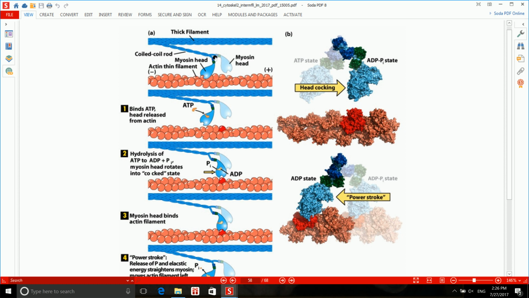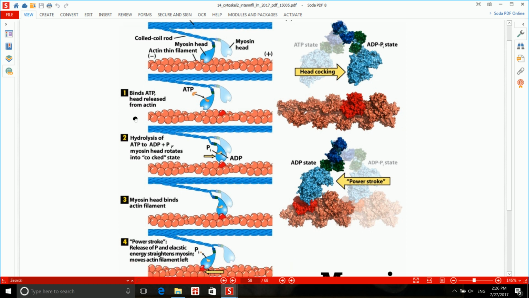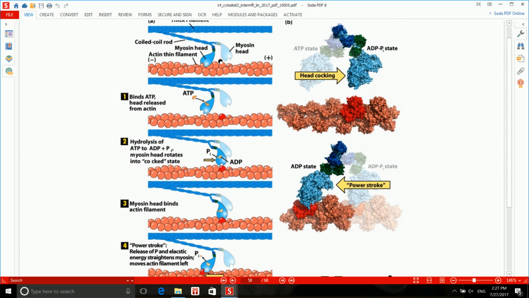Now, in our muscle cells, we're gonna have the thick and thin filaments which are responsible for the contraction of our muscle cells. The way our muscle cells contract is that these myosin motor proteins or filaments have a head, and their head will attach to the actin filaments and will simply grab them and pull them, and then this will happen again, and that is the basis of muscle contraction.